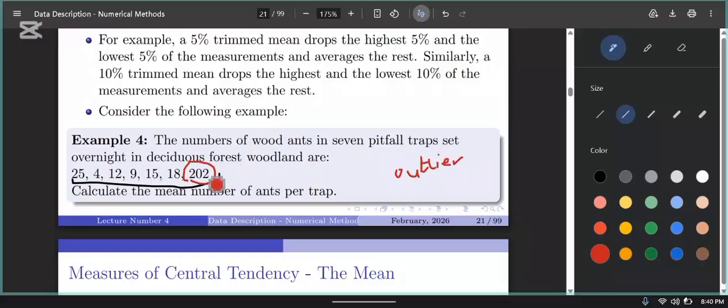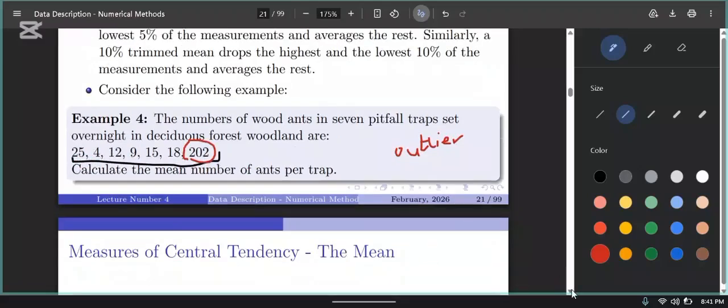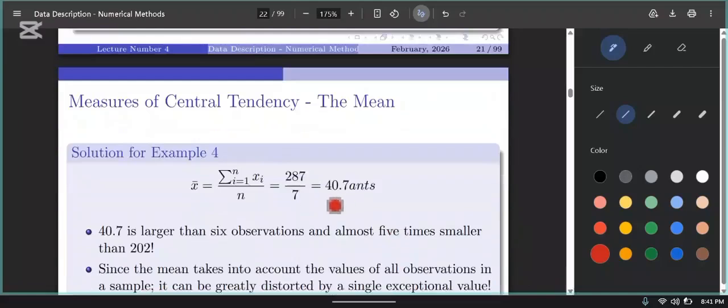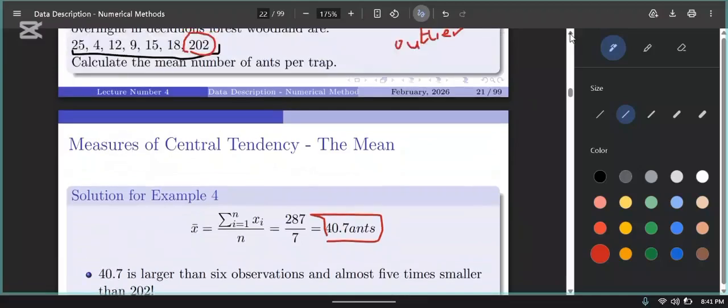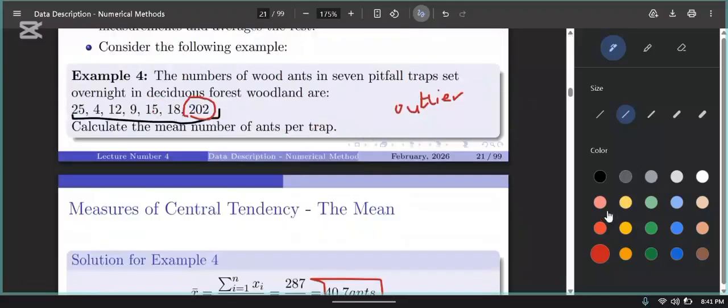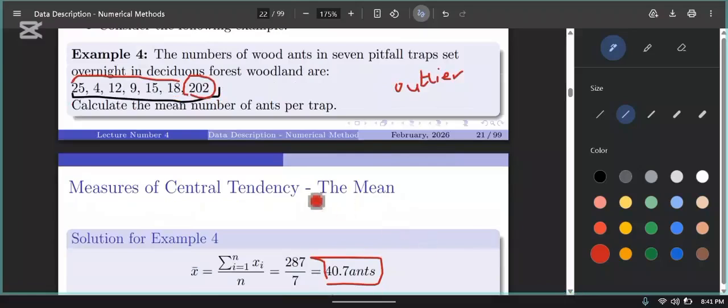Now if you find the mean here, this is ungrouped data, so to find the mean you just need to add everything and then divide by how many there are. You get 40.7. Now if you look at this 40.7, it's far away from these numbers, because the mean should be closer to the numbers that are here, because you're using it to represent all the numbers in the data set. But 40.7 is very far away from the data set.